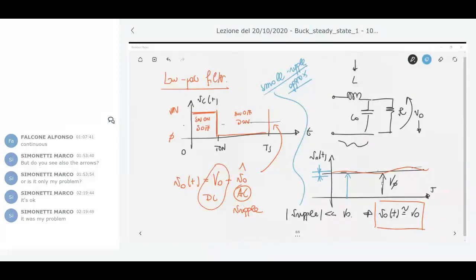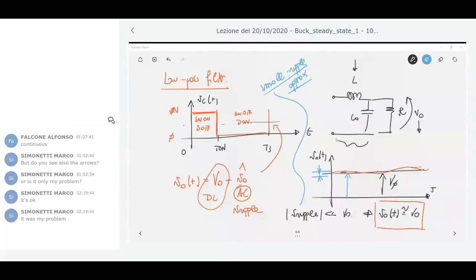So I'm neglecting the small ripple, which is a residual of the alternating behavior of the input voltage of the filter, with respect to the DC output quantities that I want to generate. But I repeat, this is made with respect to the output voltage.